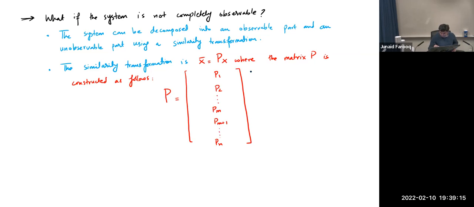Like before, previously we were using columns, but here you will use M independent rows of the observability matrix, and the remaining are arbitrarily chosen linearly independent rows.